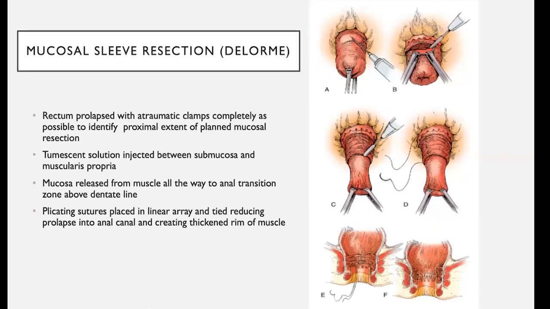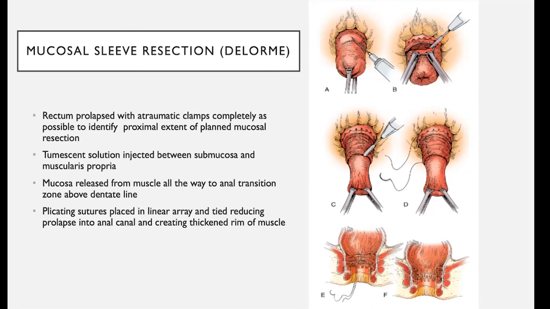The Delorme procedure, I wanted to just mention it. So we'll see that Altemeier is done more in the US. Delorme's are performed more in Europe, but I did want to mention it as well because it's performed more frequently also in the pediatric population.